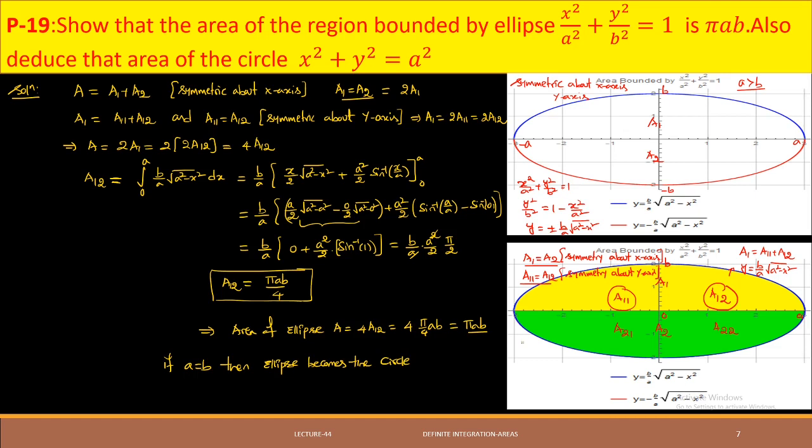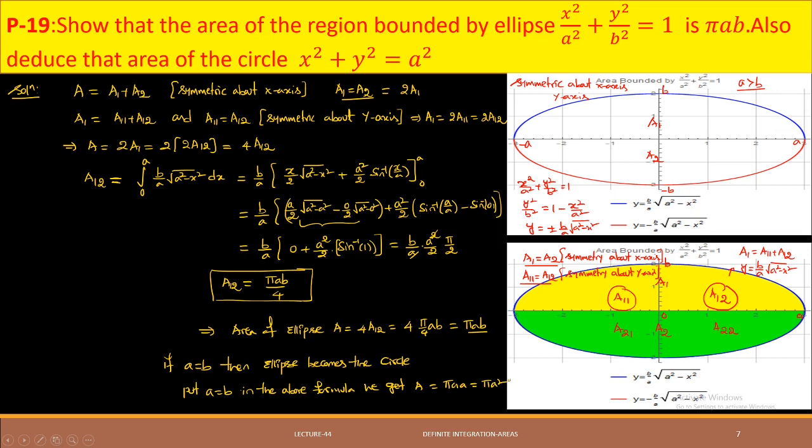So if I substitute a is equal to b, put a is equal to b in the above formula, we get area of the circle is equal to pi into a square, that is pi a square.